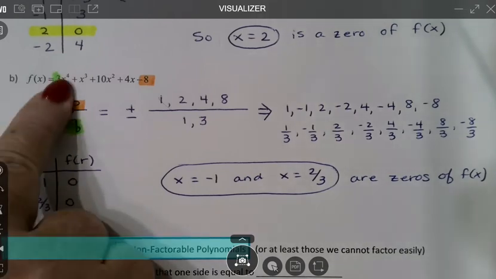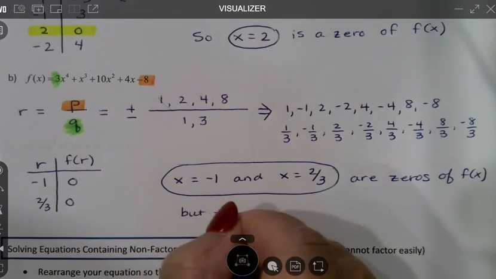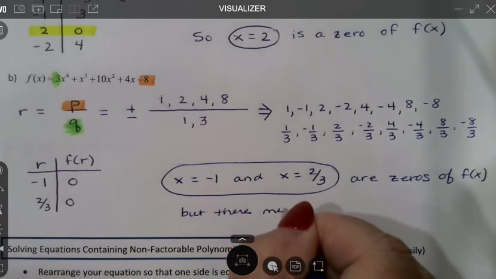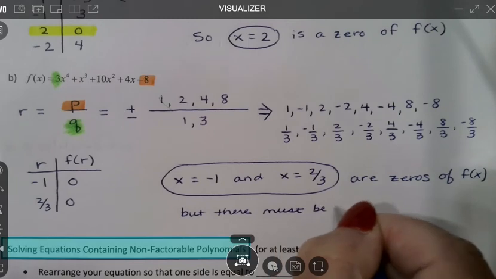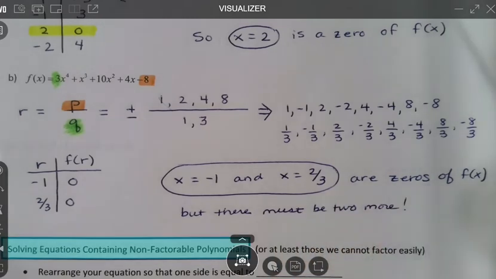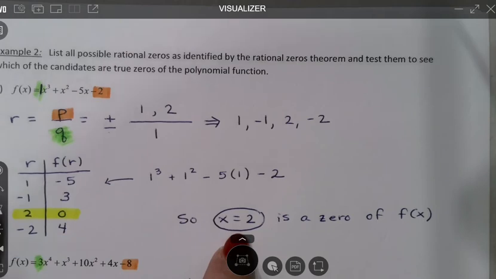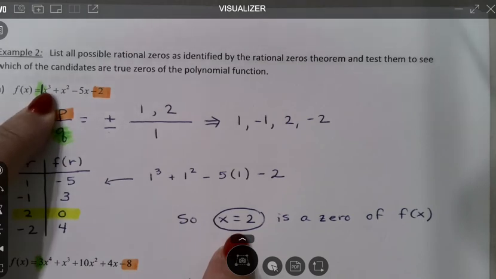Since this was a 4th degree polynomial, there must be 2 more. And actually, I didn't write it down, but I had the same conclusion in the first one, right? I only found 1 zero here, and it was a 3rd degree, so I expected 3 zeros. So there must be 2 more.